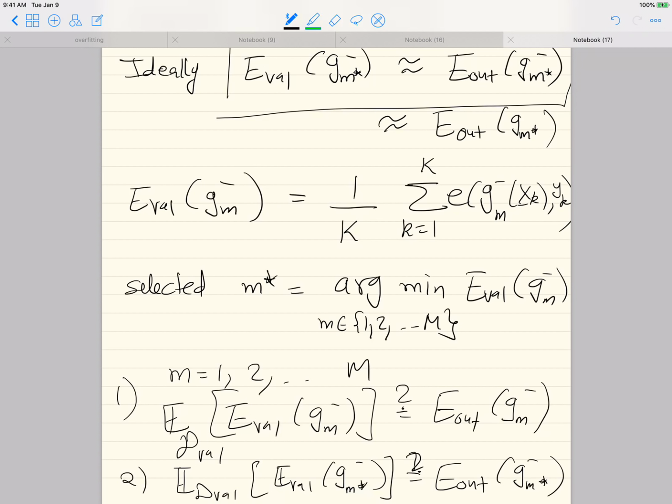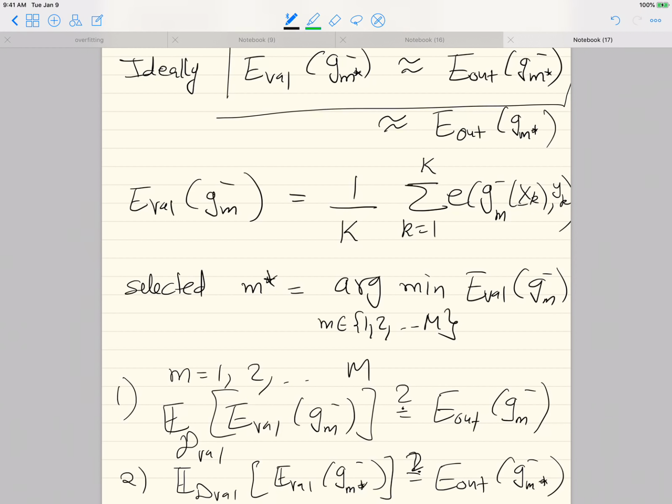So this is the question. Now Eval of gm minus is a random quantity, as we discussed before, because Dval is random. These data points are random. So if I take the expectation with respect to Dval, is it true that it will equal E out, the test error for gm minus? And secondly, if I replace m with m star, the best hypothesis selected, is it true that this will equal this quantity?